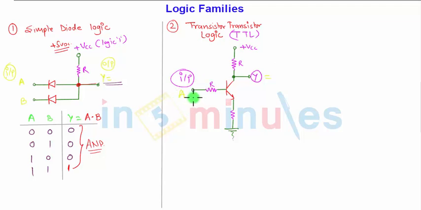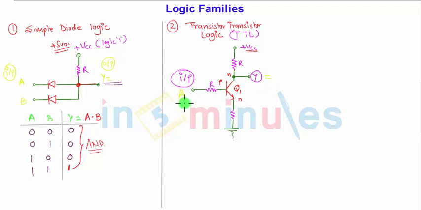So if A is 1, plus VCC supply is given, and what I have here is the transistor Q1, which is an NPN, and to the P region I am giving plus 5 volts, that is the input. Then the transistor will be turned on and all the voltage available at plus VCC will be grounded because this transistor will act as a switch, hence Y will be 0.